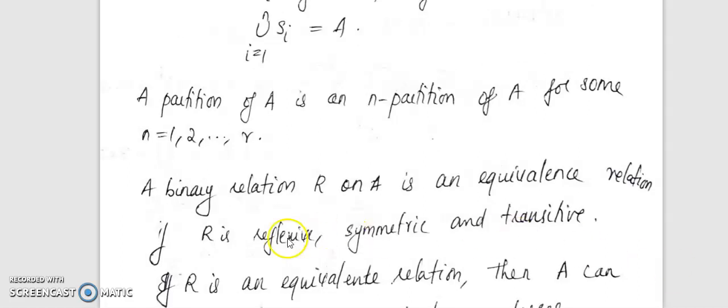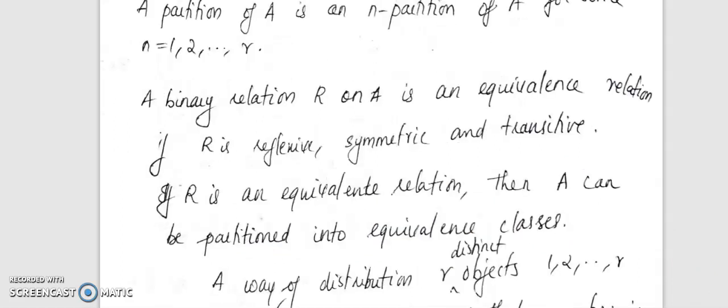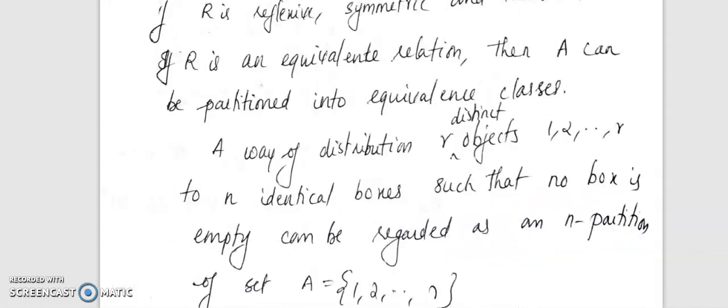So a binary relation is an equivalence relation if it is reflexive, symmetric, and transitive. So if R is an equivalence relation, then A can be partitioned into what are called equivalence classes. The special property of equivalence classes is that they will be disjoint and their union will form the entire set.